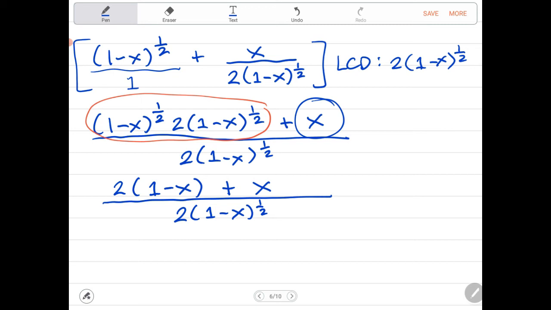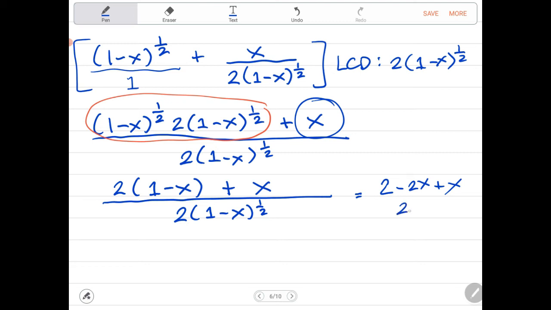If we simplify the numerator, 2 minus, distribute the 2. 2 minus 2x plus x. Okay? So this one will become 2 minus x.